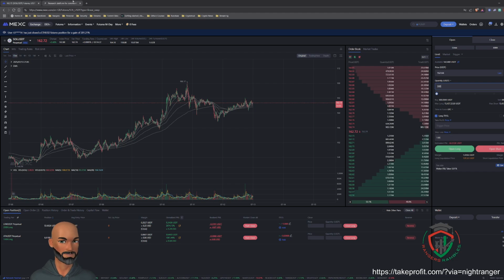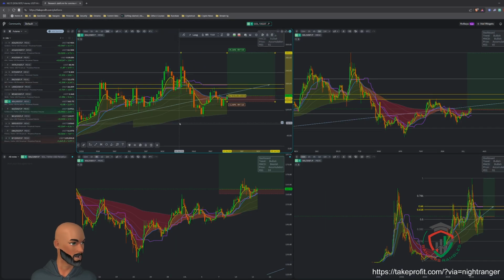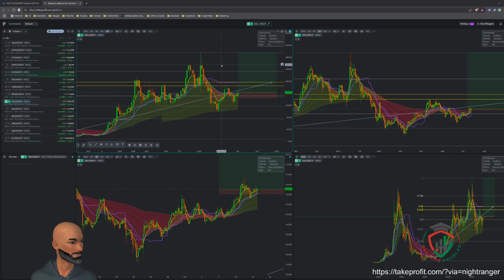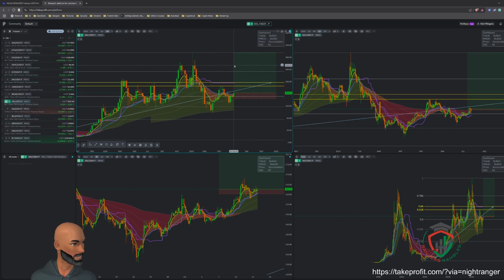Unless I go with a tight stop loss. But if I was buying that spot, I could make 80%, not 7RR. I could make 80%. So if I put 20 quid in, I could make $16 back on spot. So this is what annoys me a little bit with futures.